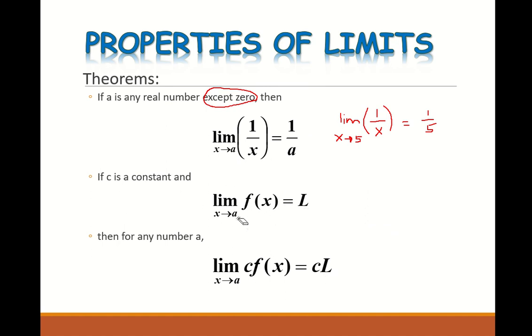So you just multiply this by c, and the result also has a multiplier, which is c.